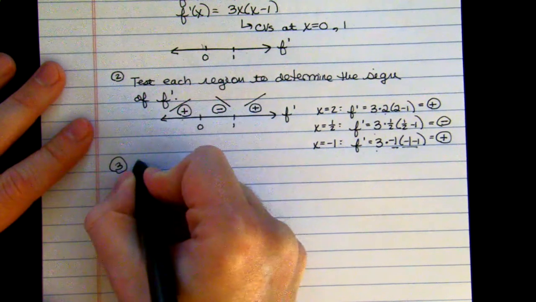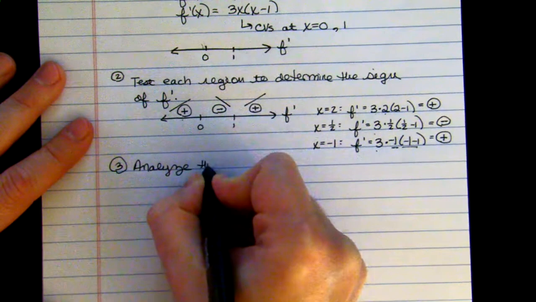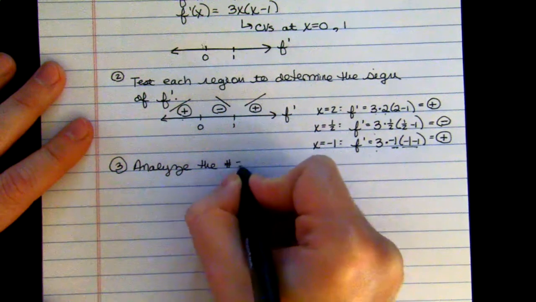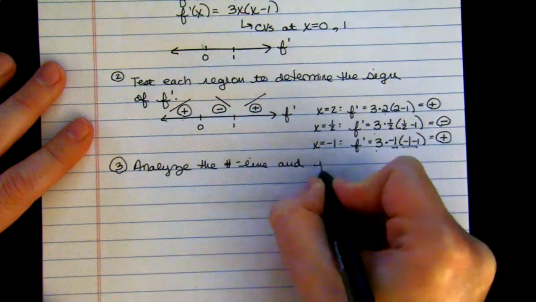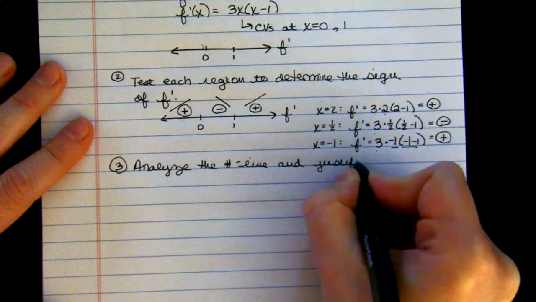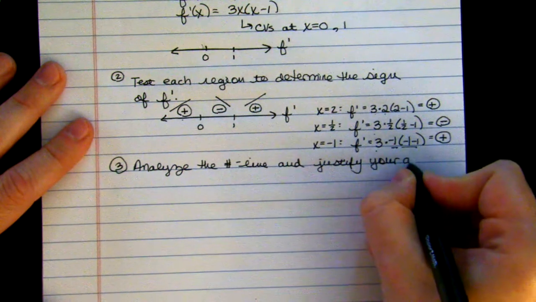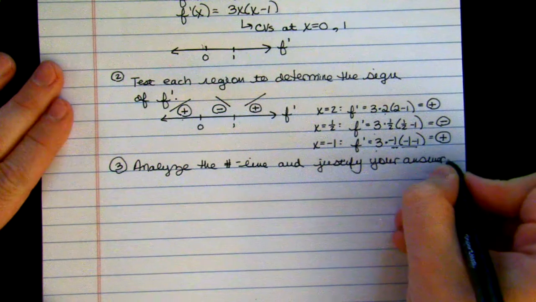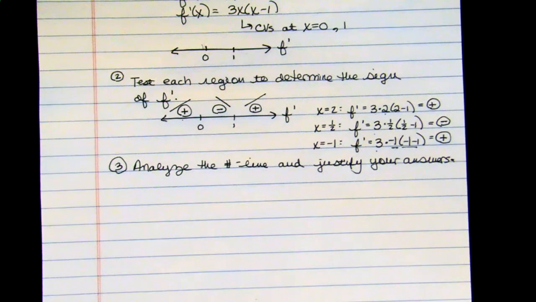Step number 3. I'm going to analyze the number line, and this is a really big deal for the AP exam, justify your answers. Which just means explain how you know we're increasing or decreasing or have a relative max or a relative min or whatever. I know that I'm increasing where f prime is positive.